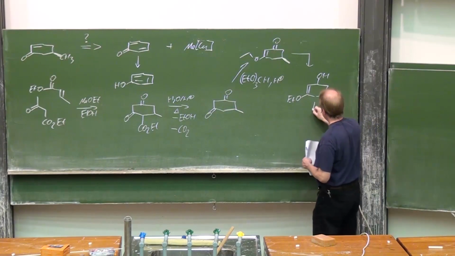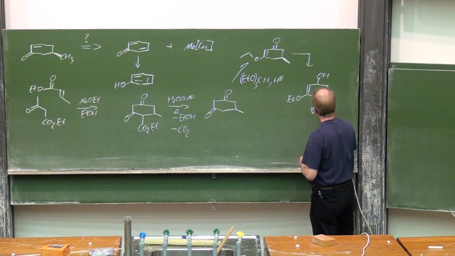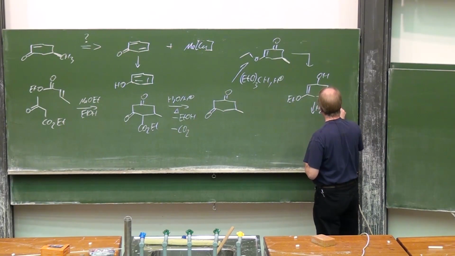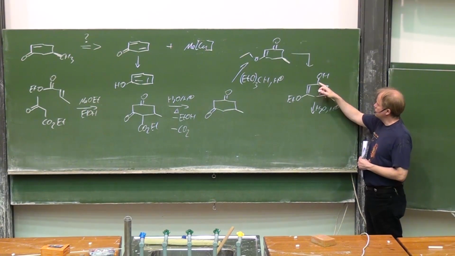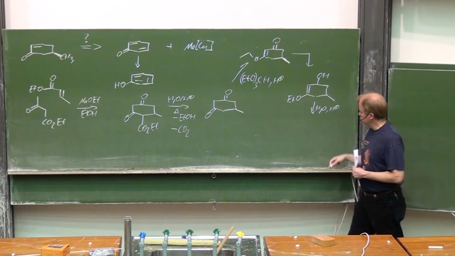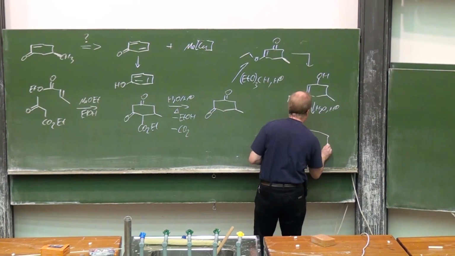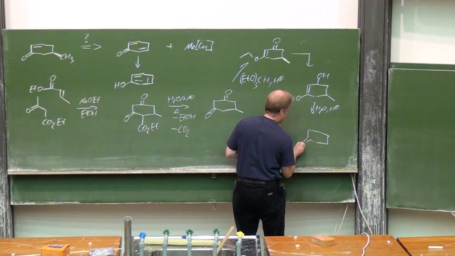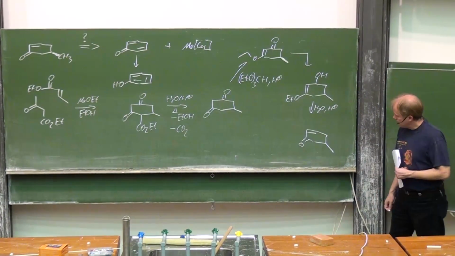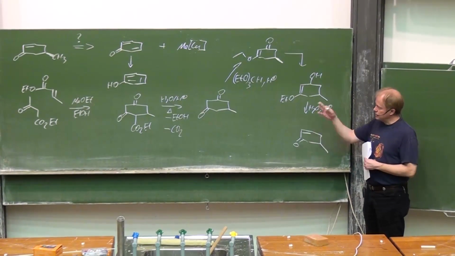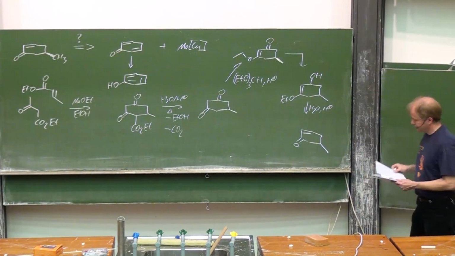And then simple hydrolysis under slightly acidic reaction conditions will give you that OH group as a leaving group, and the hydrolysis will form our target intermediate.